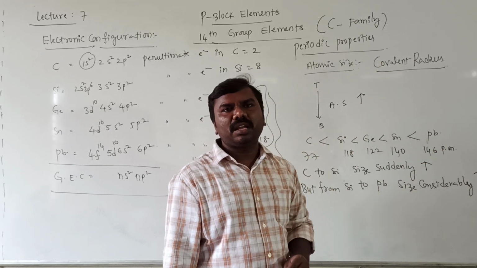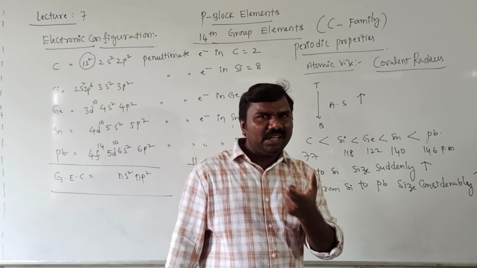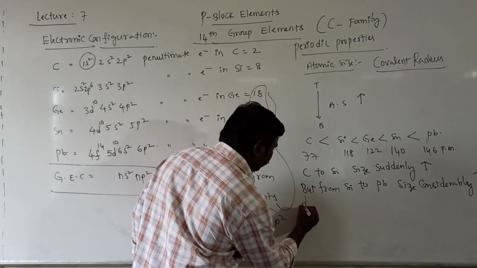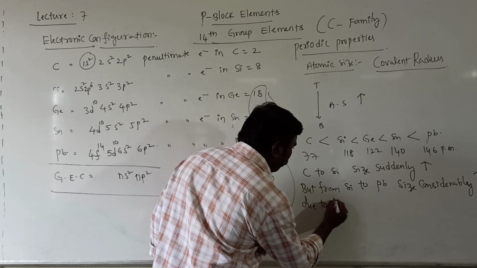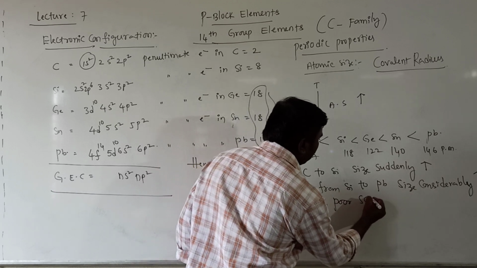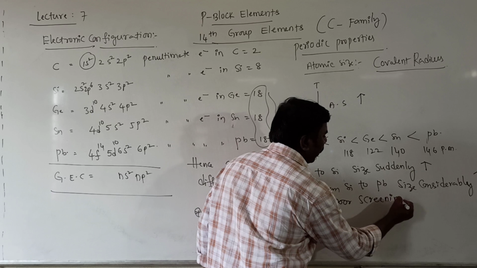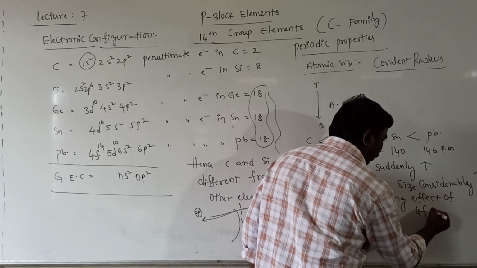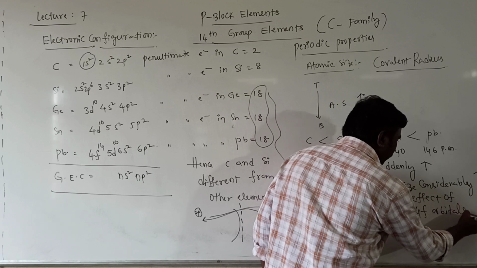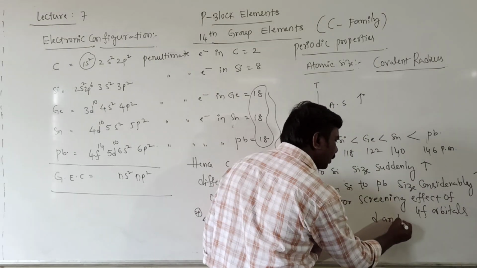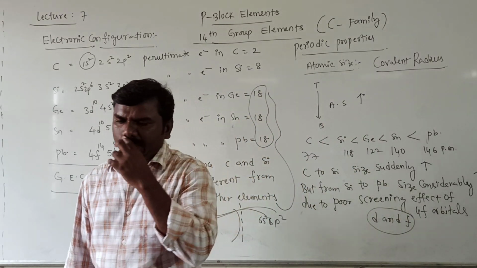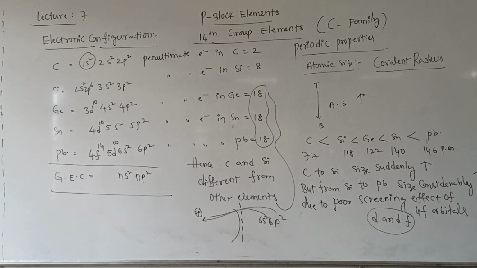Due to the poor screening effect, the size is only very slightly increased, 140 to 146. Right. This is due to the poor screening effect of 4f orbitals, especially d and f orbitals. This is about that.